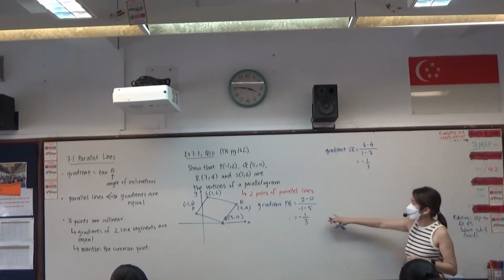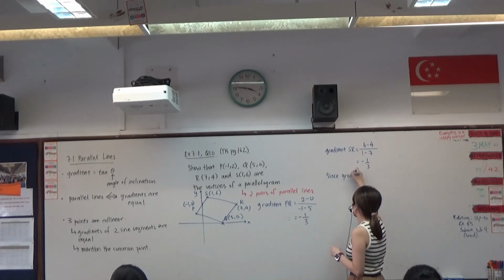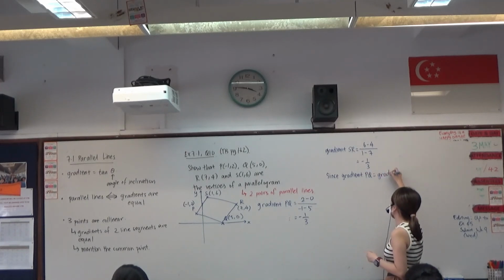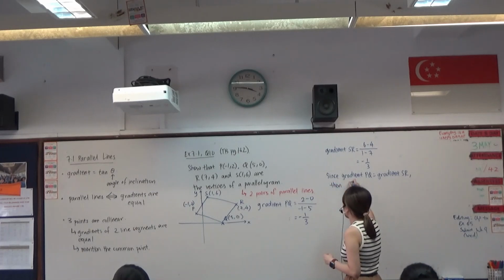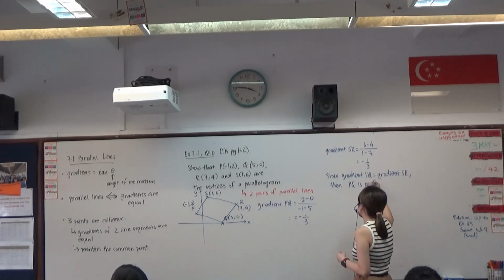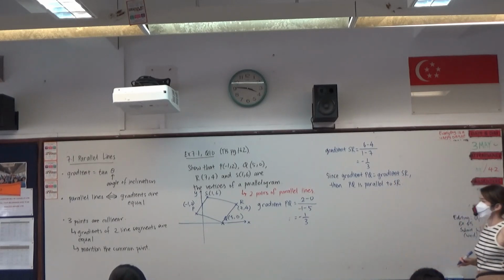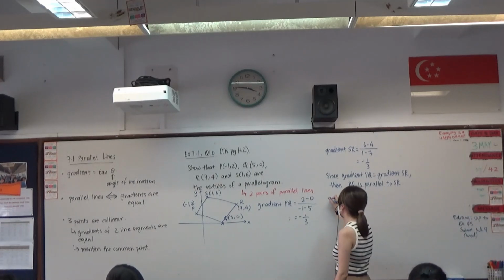So since we see that the gradients are equal, then we can say that PQ is parallel to SR. So we have settled one pair of parallel lines. Okay. Then we do the same for the other pair of parallel lines.